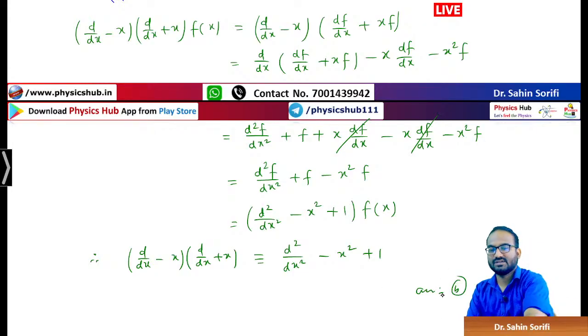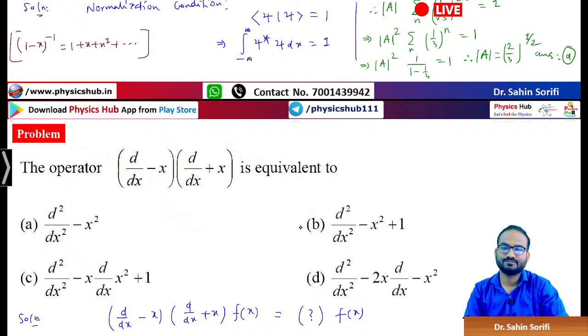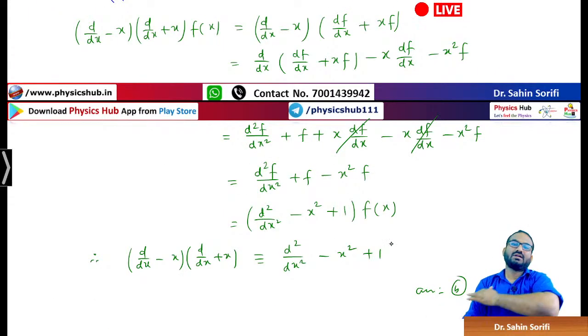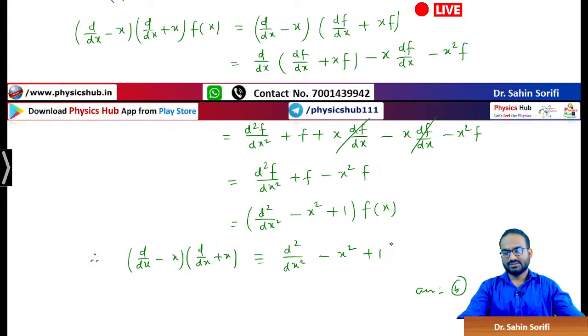So option B is the correct option. Tell me if there is any confusion. If you do not apply on f, it will appear that the answer is d square by dx square minus x square, but that is not so. The plus 1 term will also be there.